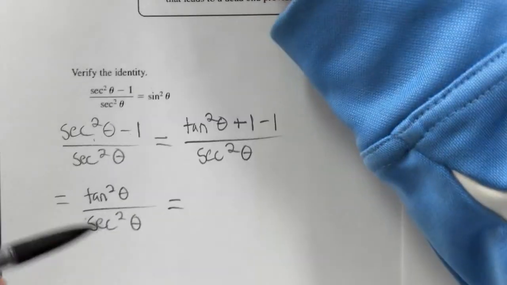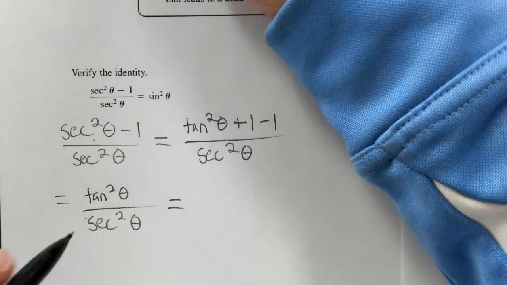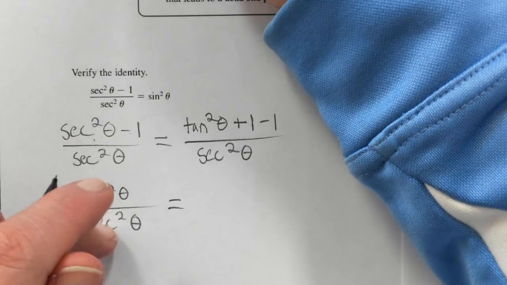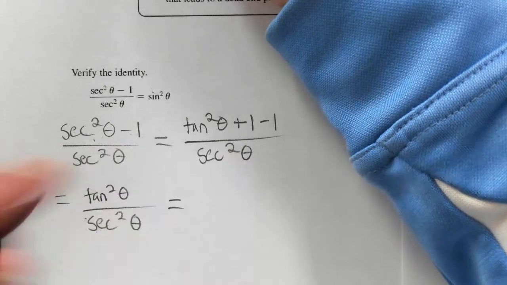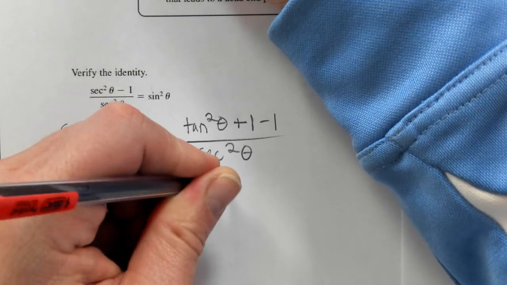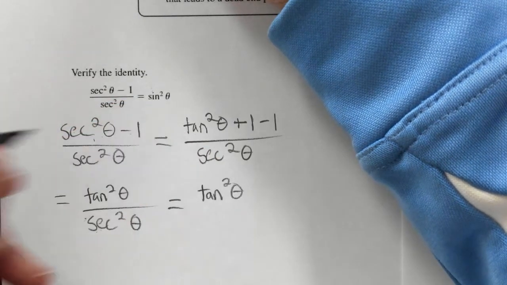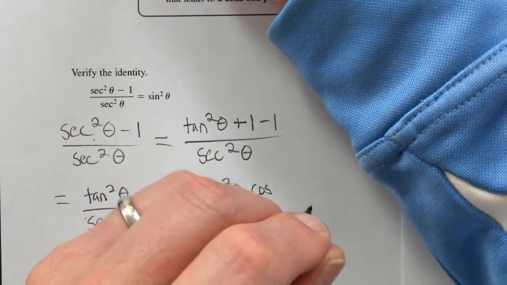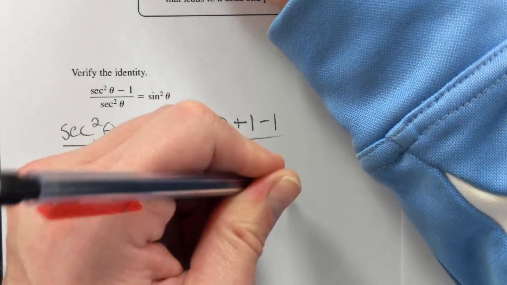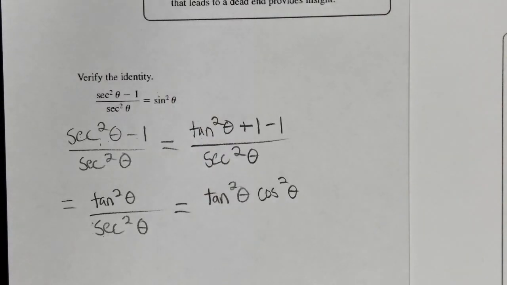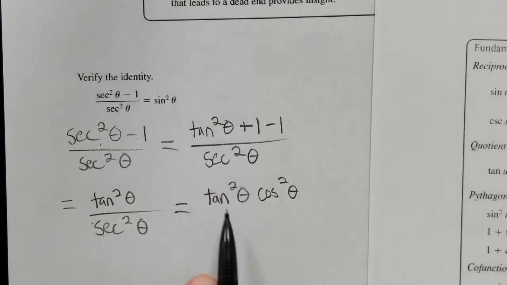So one thing that I can do to get rid of my fraction here is change secant squared in the denominator to cosine squared in the numerator. So tangent squared times cosine squared.